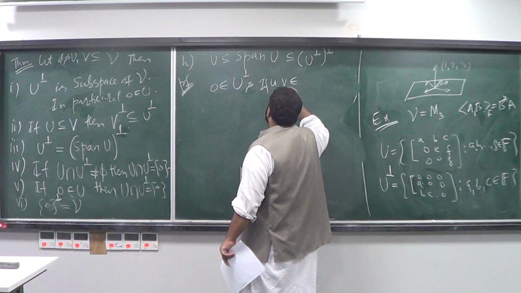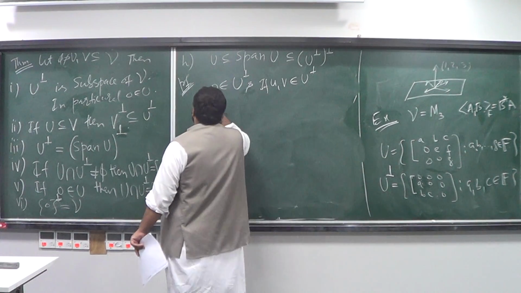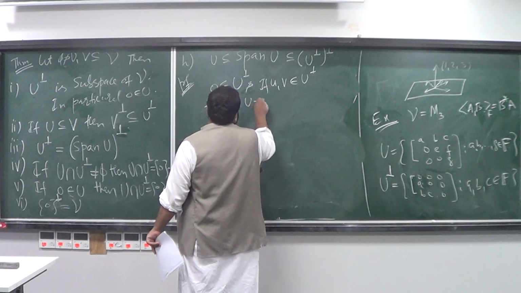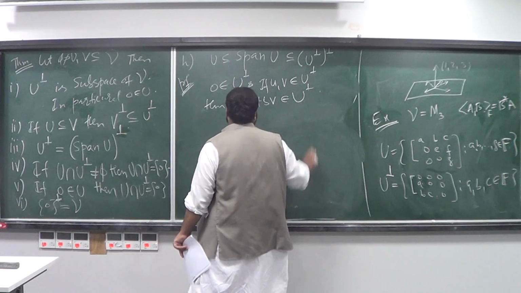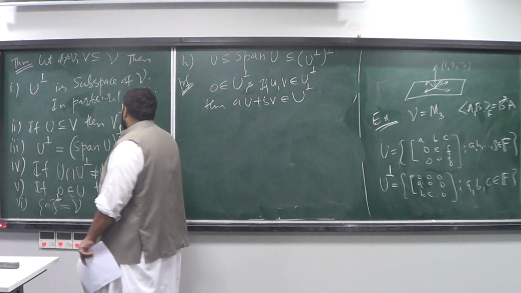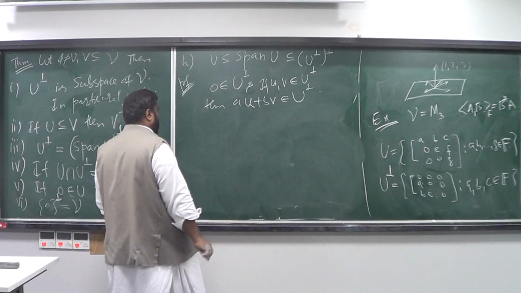And if you take any two vectors from U perp, then any linear combination of these two vectors would also be in U perp. This is what you need to prove.